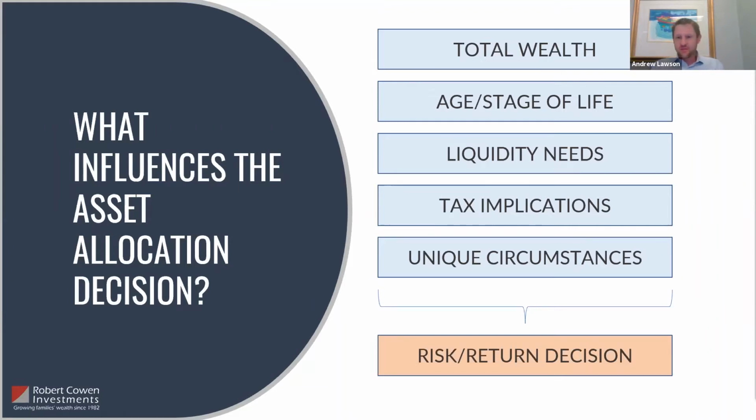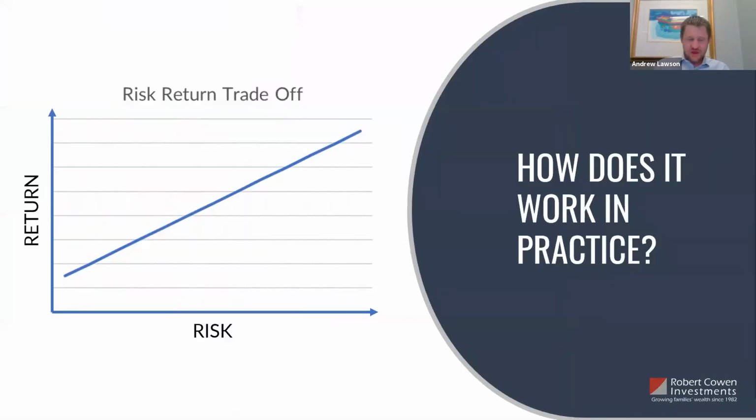So how does it work in practice? Essentially, we have this simple graph which shows that for an increasing amount of risk, one expects an increasing amount of return. On the left-hand side, we have the low risk, low return type of investments.